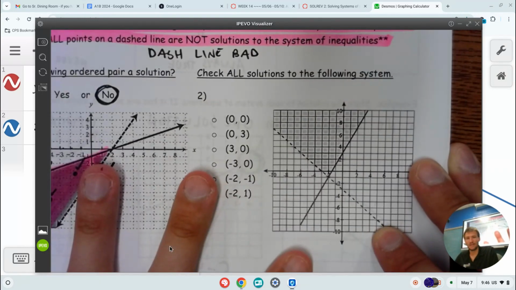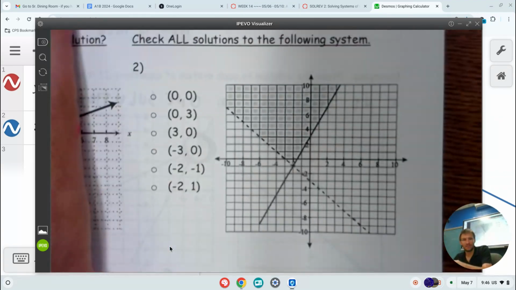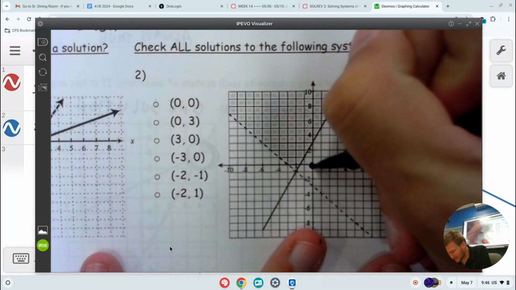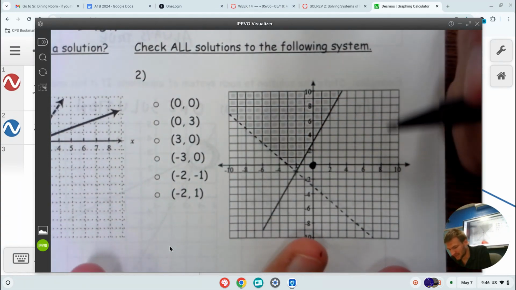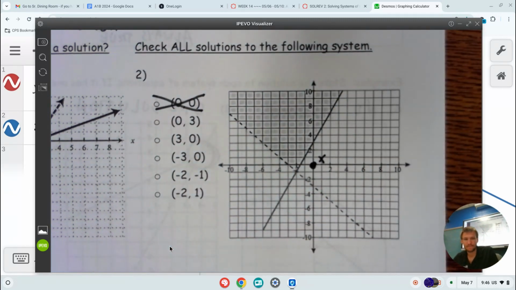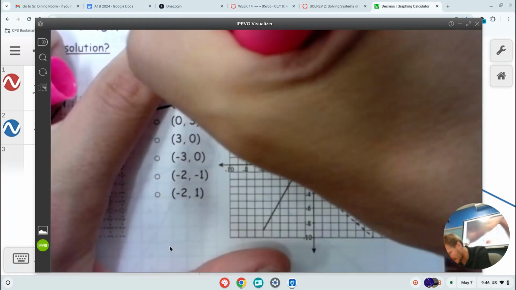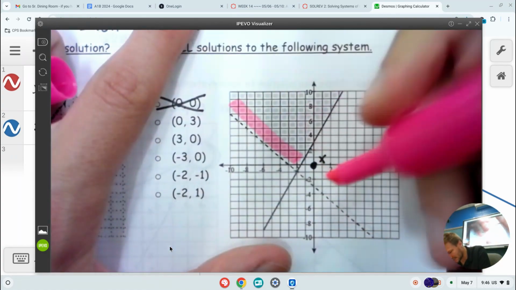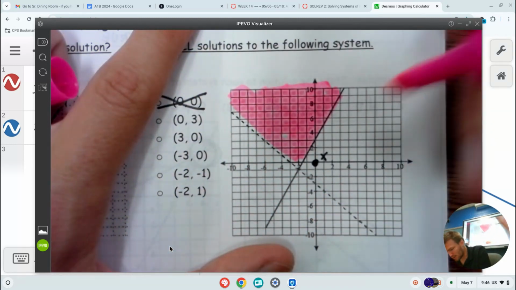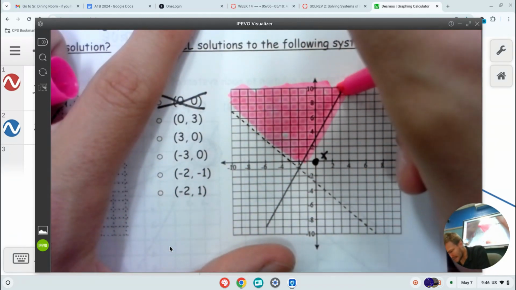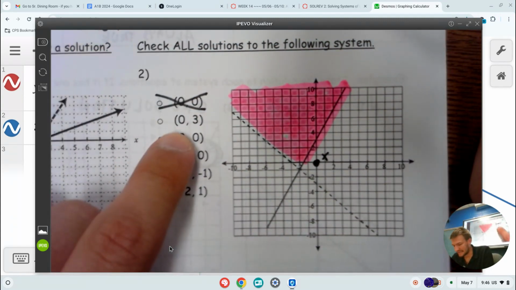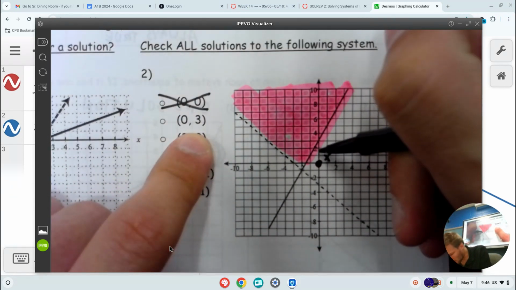Now we've done this one. In fact, I know for a fact that this question was on our notes earlier in the year. So (0, 0) is right here. That is not in the shaded region. That is going to be no good. We're looking for anything that is in the shaded region. We're looking for anything that is on the solid line, but not on the dashed line. (0, 3) means go up 3. 1, 2, 3.